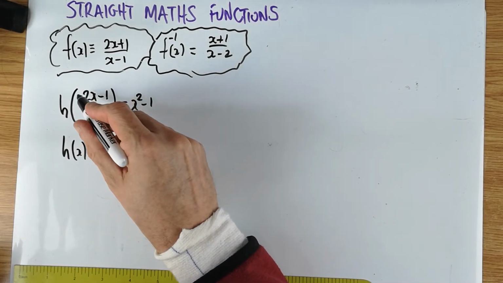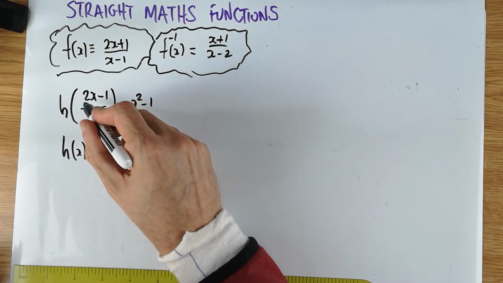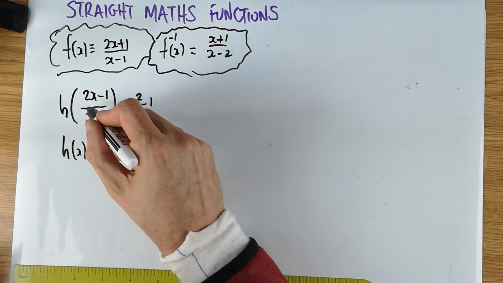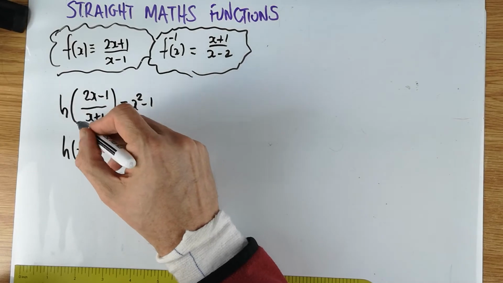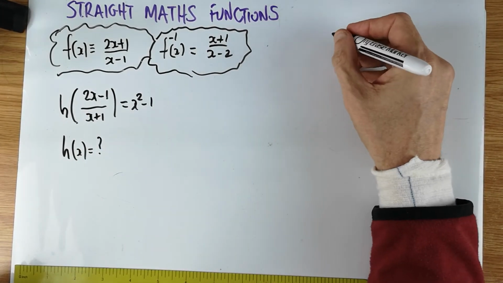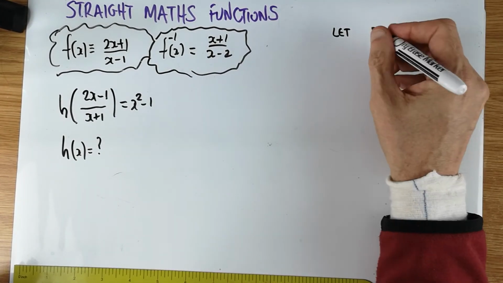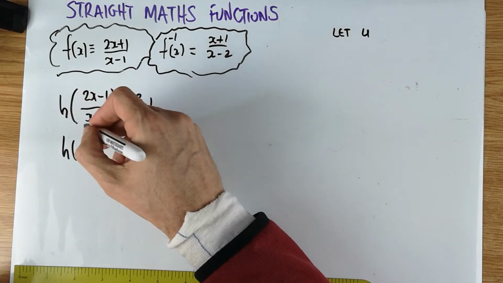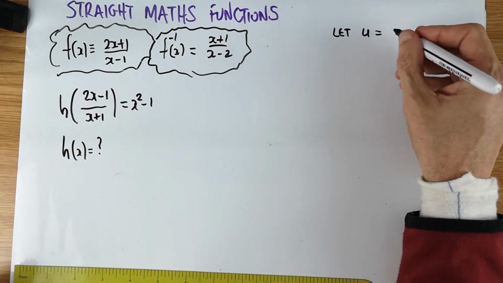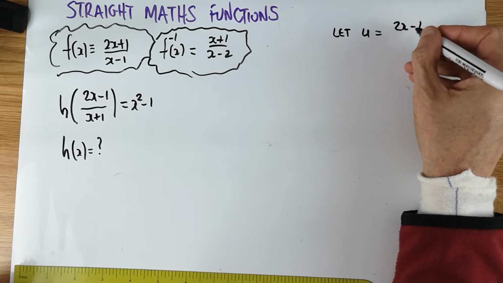We would really like to have here just a single letter, x, u, y, something, h of y, h of u, h of x. At the moment, we got a mess. So the first thing that we're going to do with something like this is we're going to say, let u be all of this. And let's see how we're going to take it.